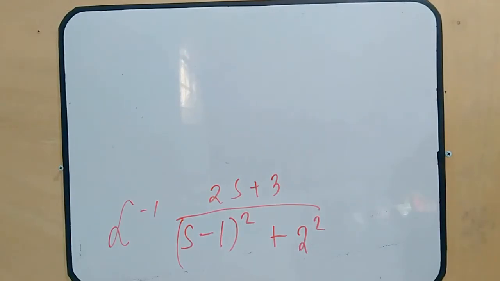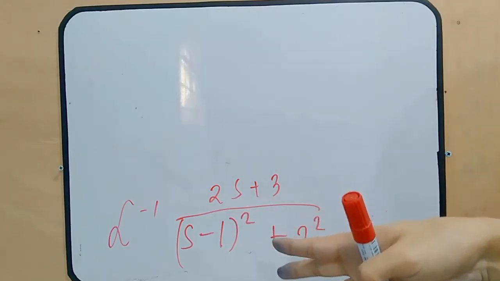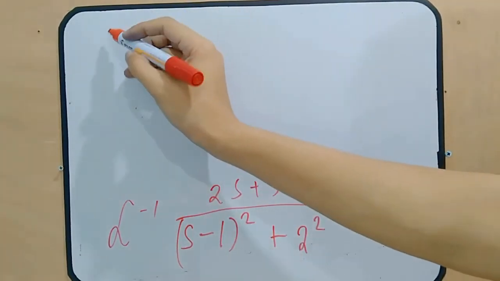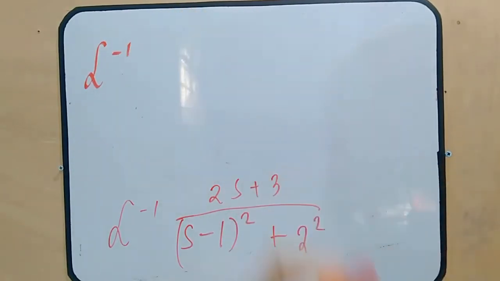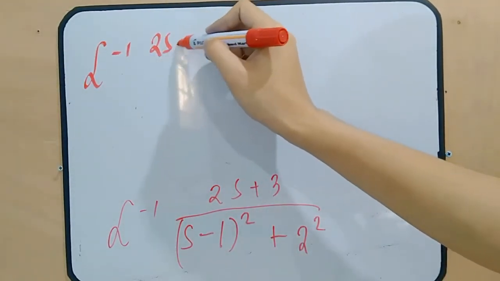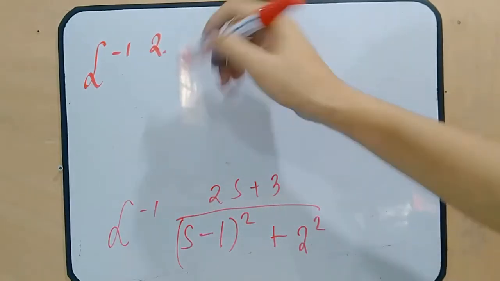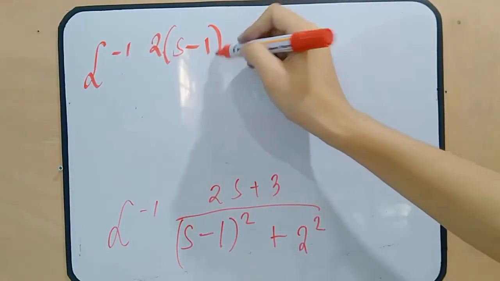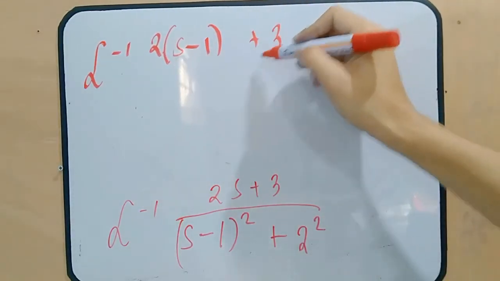Kung mapansin natin, yung formula for cosine, meron tayo dapat na negative 1 din sa taas para ma-evaluate natin siya. Here wala, so naglalagay tayo here ng negative 1. So this will become the inverse Laplace transform of 2 times s minus 1 quantity, plus 3 here.